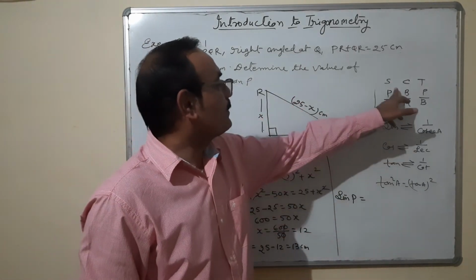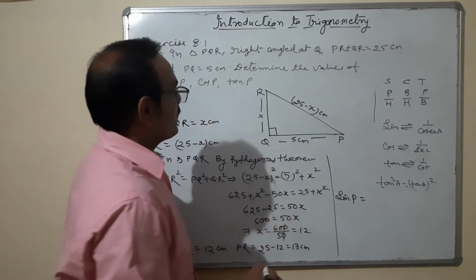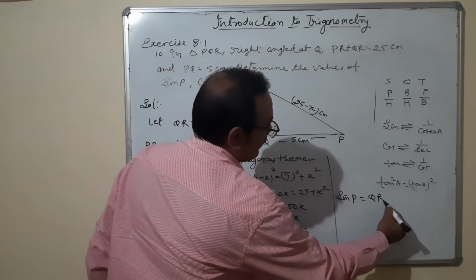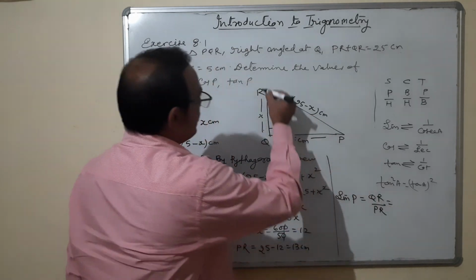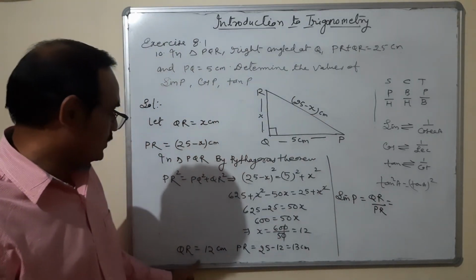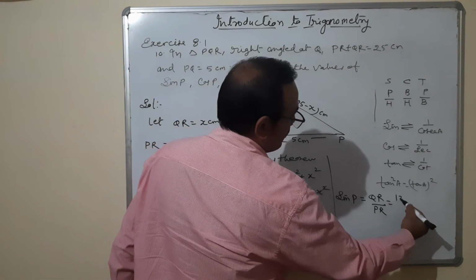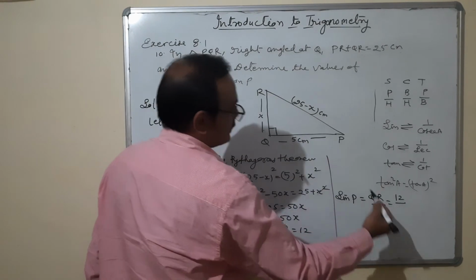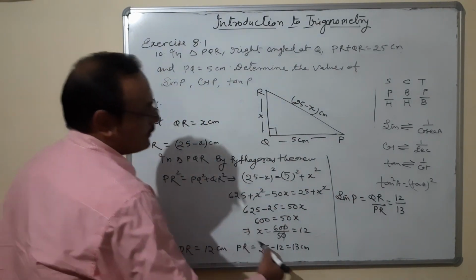Sin is perpendicular upon hypotenuse. So perpendicular QR upon hypotenuse PR. The value of QR is 12, so 12 upon 13 is sin P.